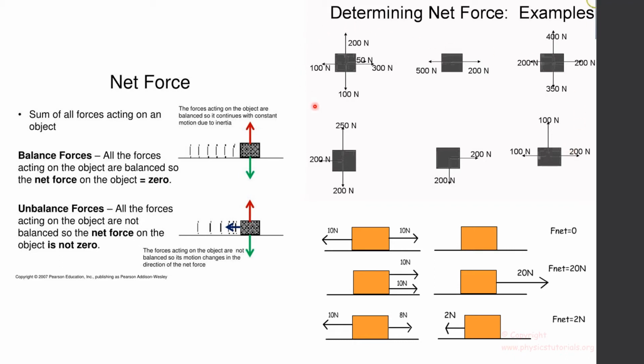For example, here in this first example, upwards it's 200, south it's 100, meaning it will move vertically. Where? To the north. Because that's 200 minus 100, may matitirang 100 upwards. And also here, horizontally, 100 here and 350 here.